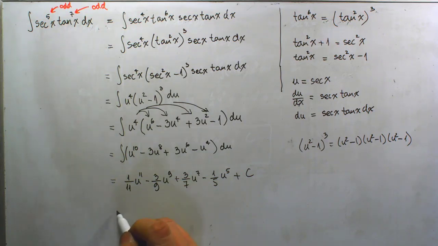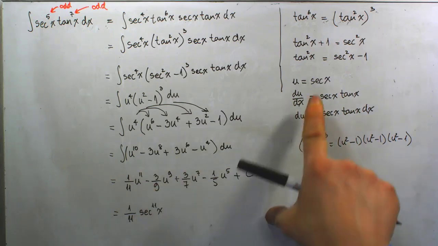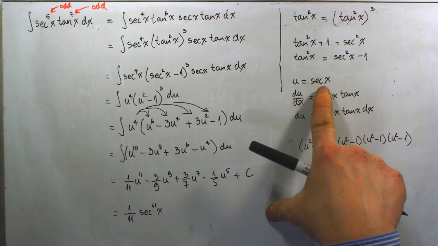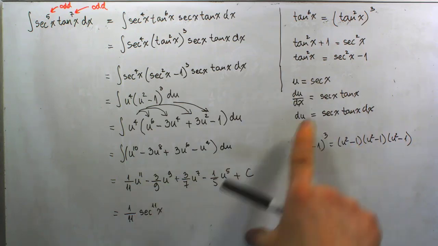And so in the next step, I'll have 1 over 11 secant to the 11th of x, because we substituted u by secant. So now we're going to return to the original variable.